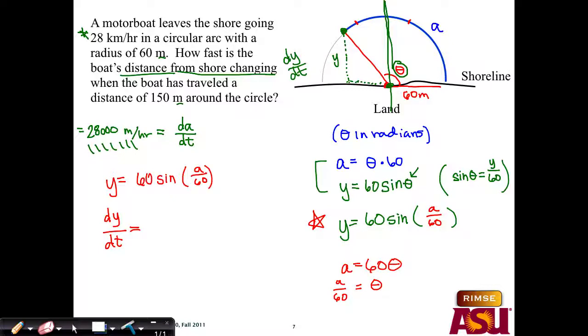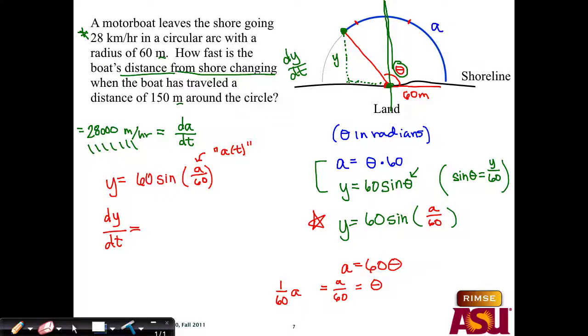So for dy/dt, I'm going to think of this A as A of t. So I have sine of A of t over 60, and again, if you don't like a function over 60, I can think of this as 1/60th A of t.